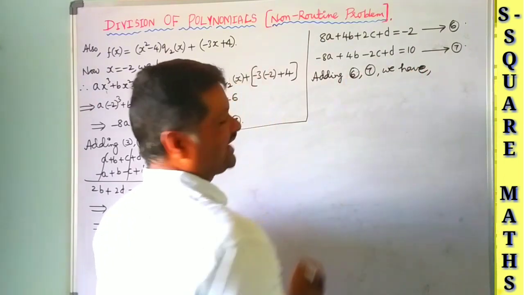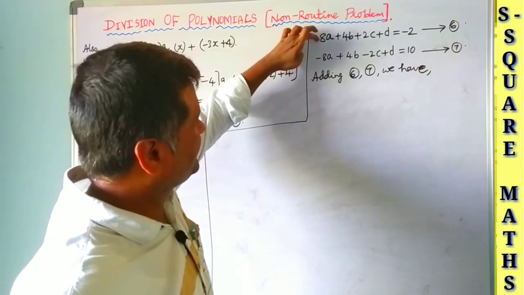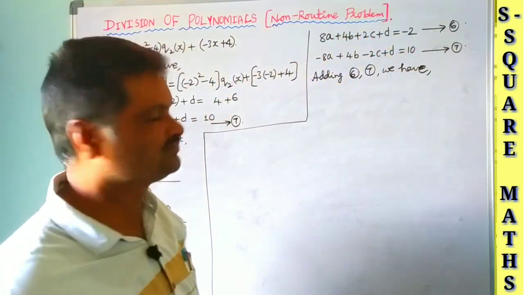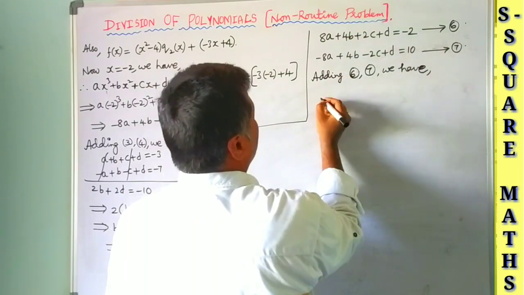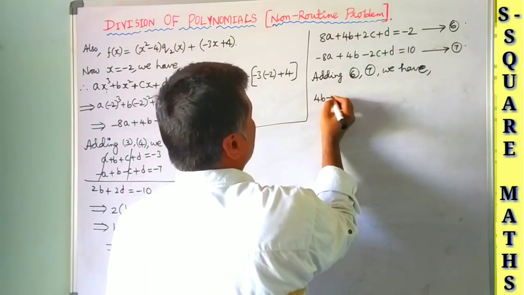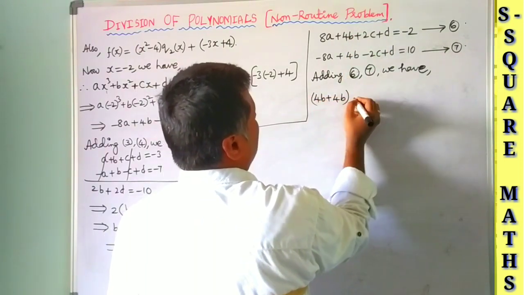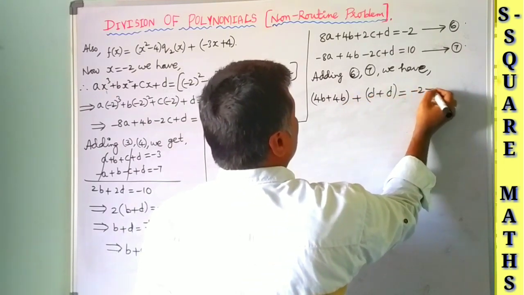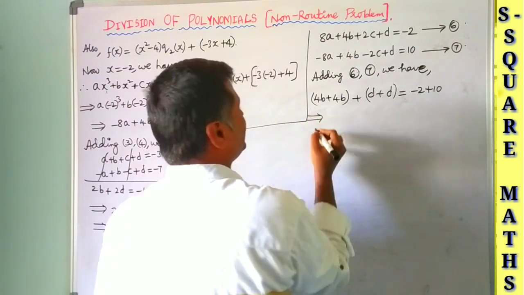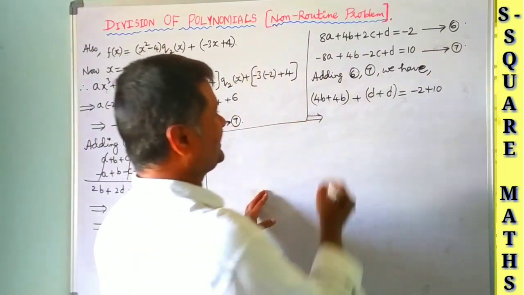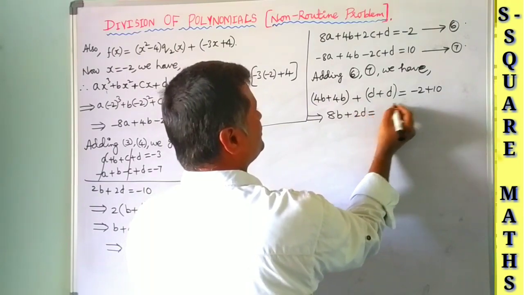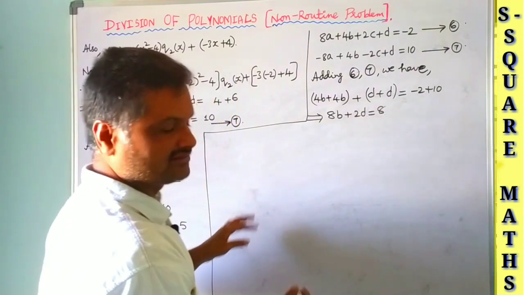Okay, so adding, what we are going to get: 8a minus 8a is 0 and 2c minus 2c is 0. So finally I can get 4b plus 4b plus d plus d is equal to minus 2 plus 10, which gives you 8b plus 2d is equal to 8.